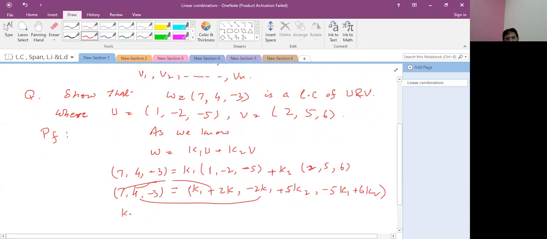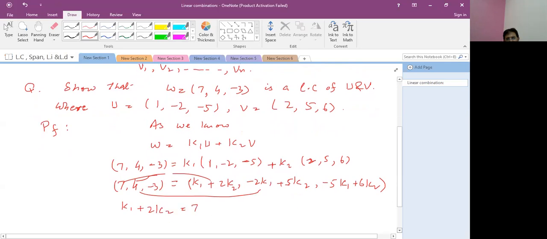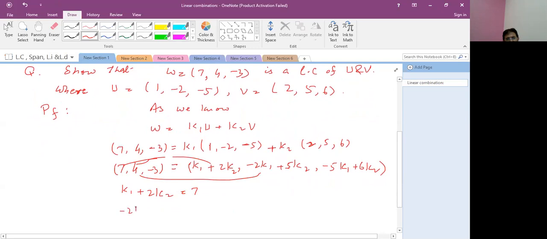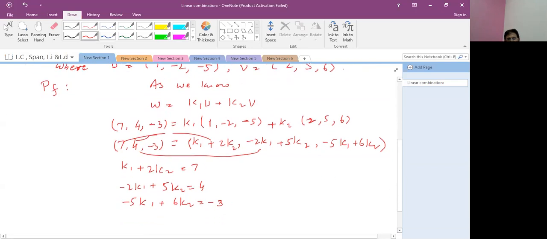So we form the equations: K1 plus 2 K2 equals 7, the first equation. Minus 2 K1 plus 5 K2 equals 4, and the last equation is minus 5 K1 plus 6 K2 equals minus 3. We name them equations 1, 2 and 3.